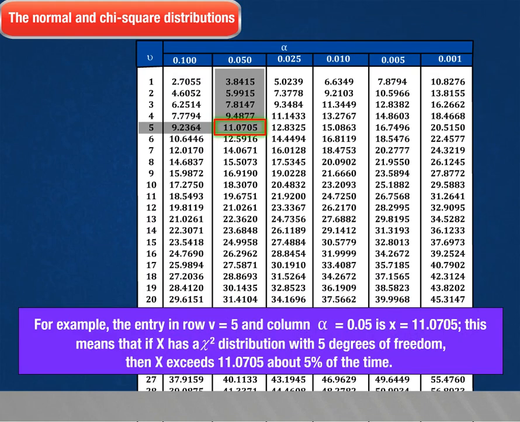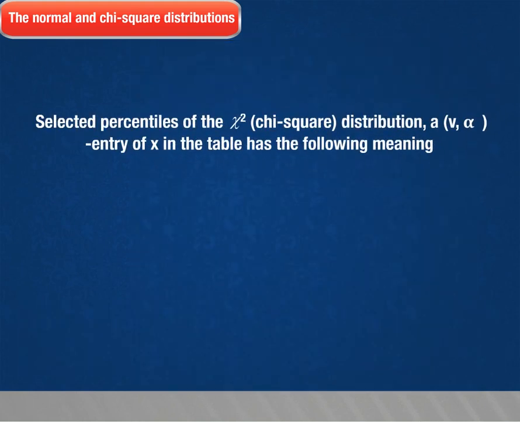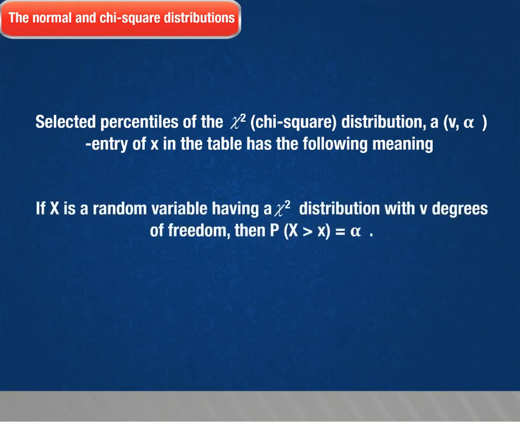This means that if X has a chi-square distribution with 5 degrees of freedom, then X exceeds 11.0705 about 5% of the time. Selected percentiles of the chi-square distribution: the nu, alpha entry of x in the table has the following meaning. If X is a random variable having a chi-square distribution with nu degrees of freedom, then P of X greater than x is equal to alpha.